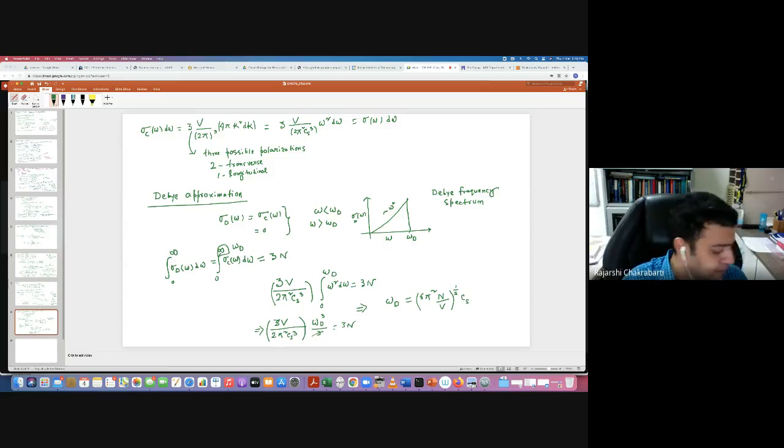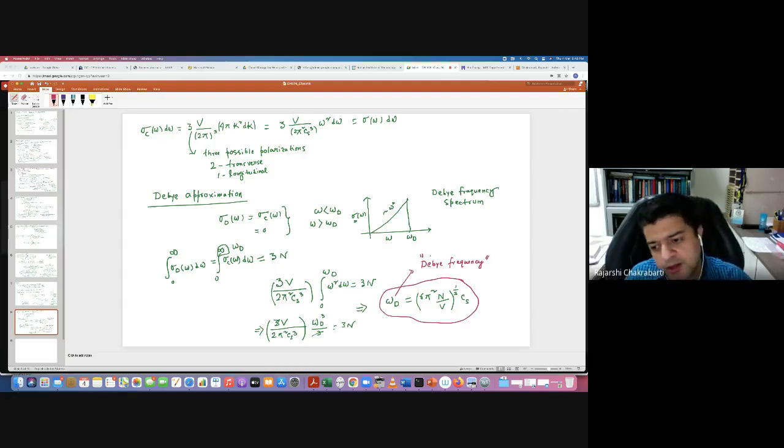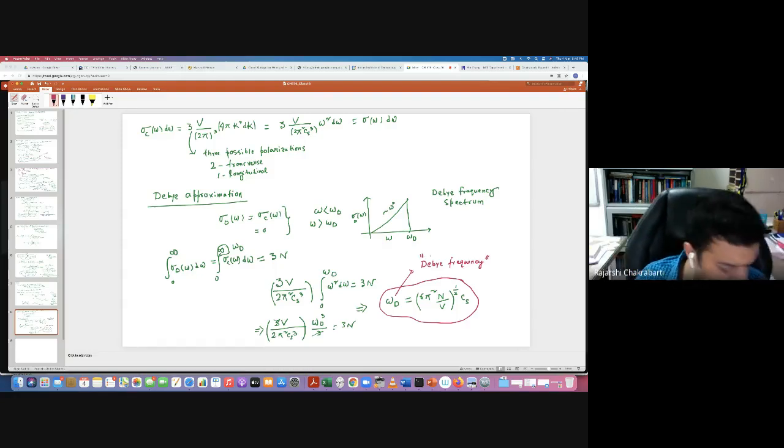Is this clear? Have I done anything wrong? Just check. I hope I have not. This is your omega d, called the Debye frequency, the maximum frequency allowed by this model.